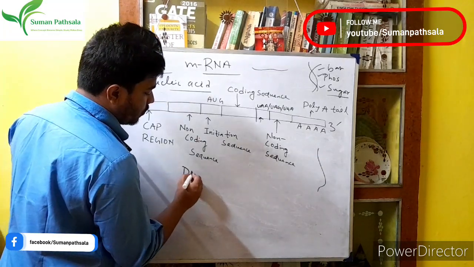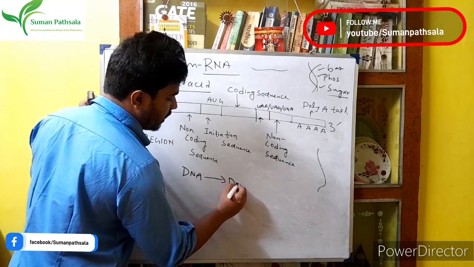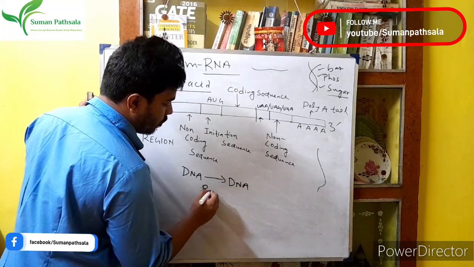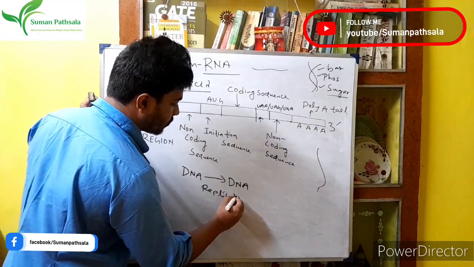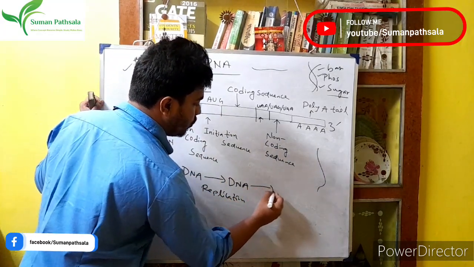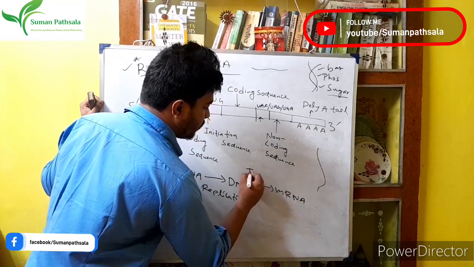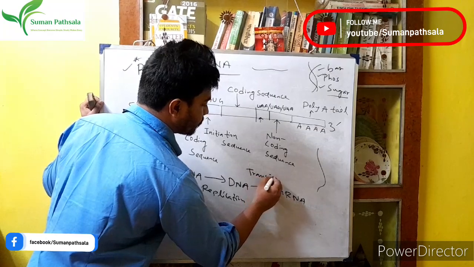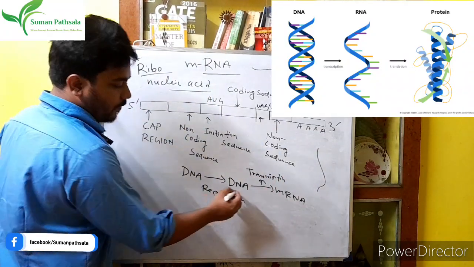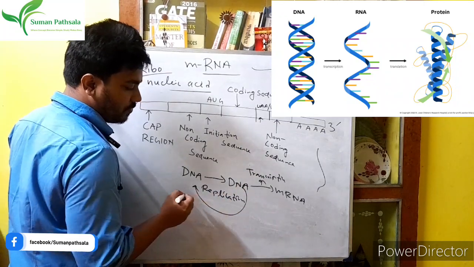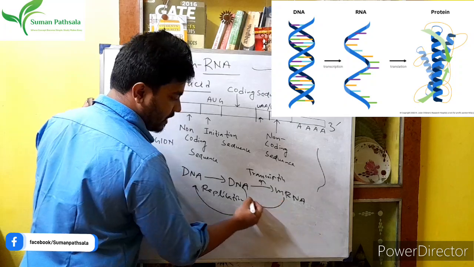I also told you before, from DNA to DNA is called replication, right? From the DNA we also produce the mRNA, that is called transcription. From the mRNA, DNA is also formed again.